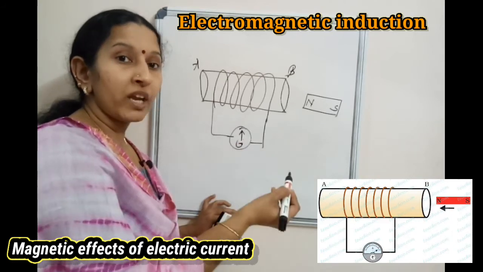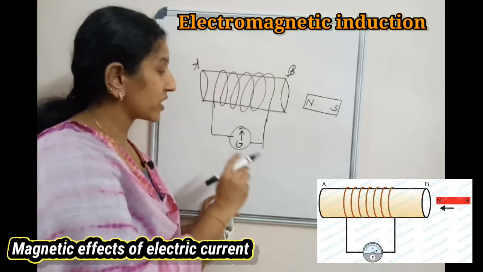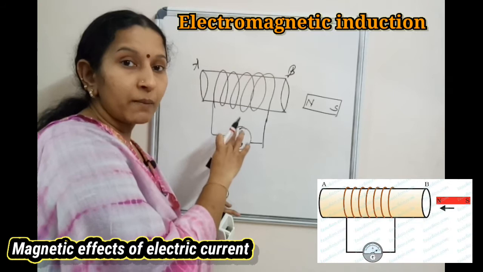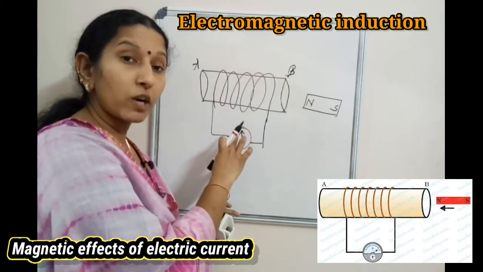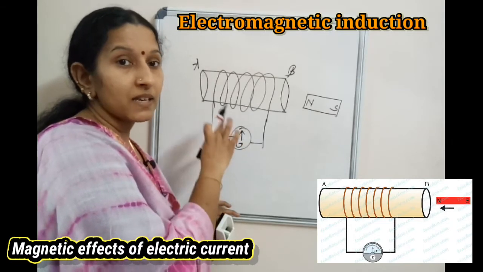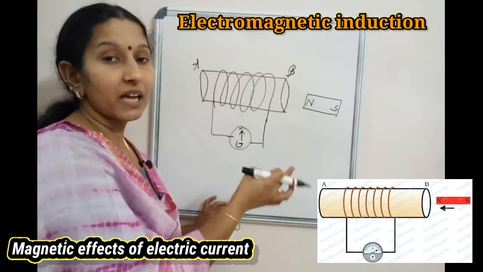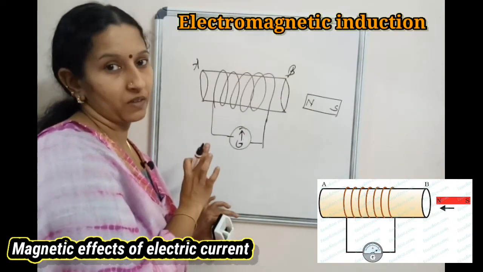If the bar magnet is stationary, not moving, you can see the galvanometer needle points towards the 0. If the needle is not moving, there is no current. Whether the needle deflected towards the right or left, which indicates the presence of current. Got it?